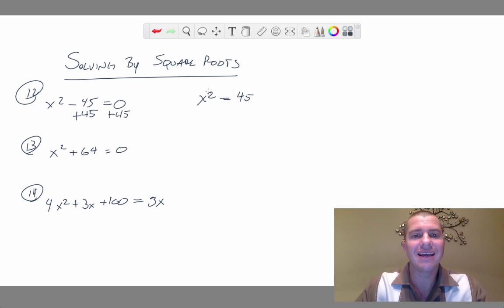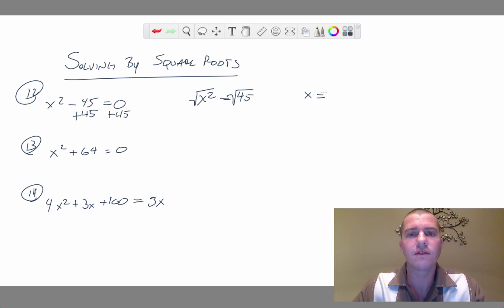And then I can get the x to just become x by doing the inverse operation. Well, the inverse operation of squaring something is taking the square root. And so when I take the square root of both sides, I'm left with x equals, and one important thing to remember here is that when I take the square root of both sides, I always need to have this plus or minus.